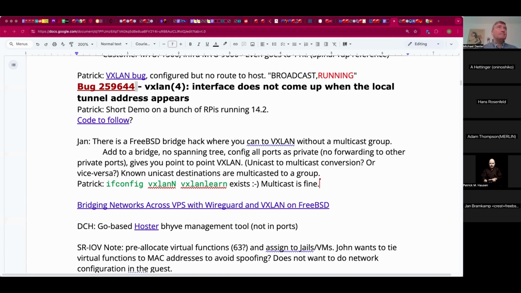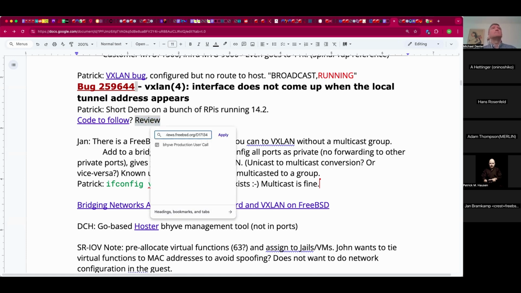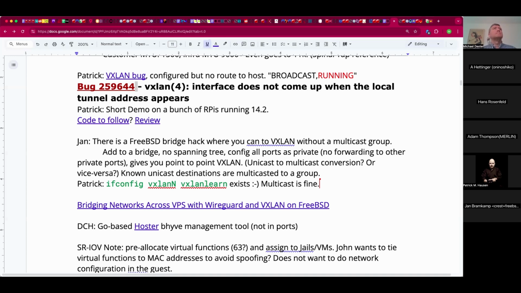But if you disable spanning tree, like you would have to on the VXLAN ports, you would end up with a perfect Ethernet loop. But if you tag each of the VXLAN interfaces in the bridge as private interfaces, the bridge driver would never forward a frame received on a private interface to another private interface.